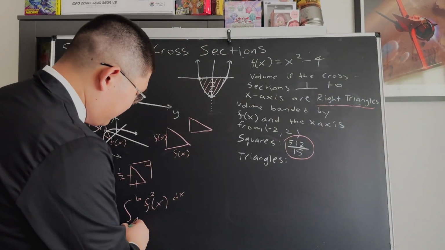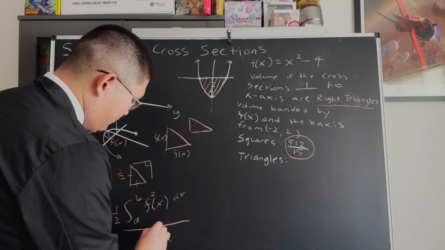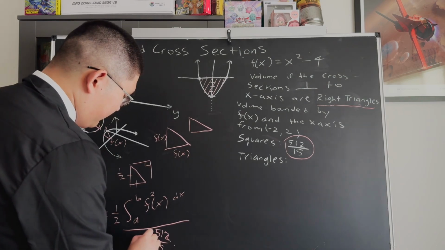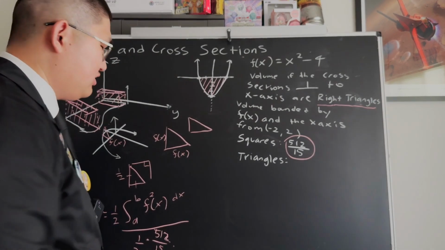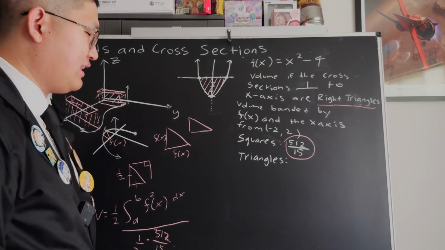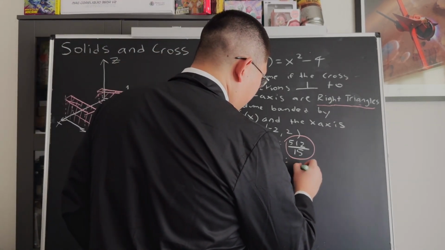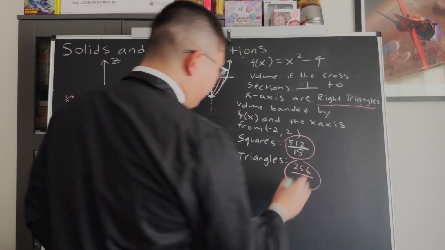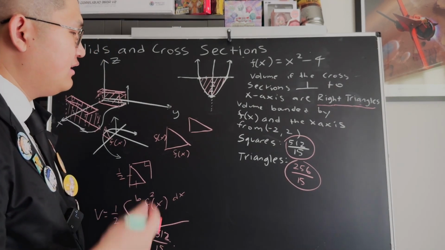So if all of this was exactly the same as the 512 over 15, we just need to multiply it by a simple 1/2 coefficient, so we can slice that volume exactly in half. Then we end up with a resulting 256 over 15 volume for the triangles. Not so bad at all, okay?